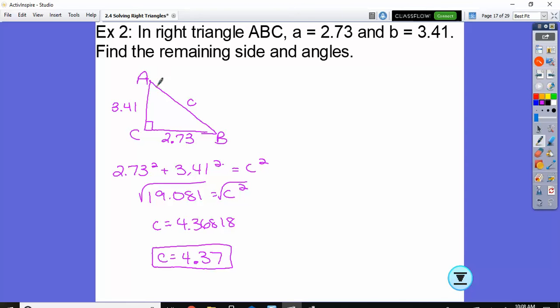So from angle A, the information given, I gave you the opposite and the adjacent sides. What trig function involves opposite and adjacent? Tangent of A equals the opposite, 2.73, over the adjacent, 3.41. If I want to get that A by itself, what do we do?